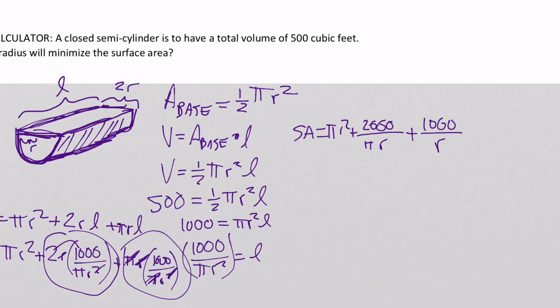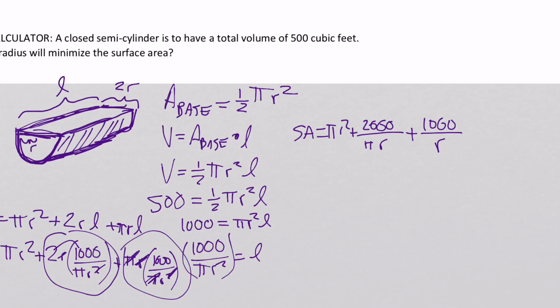Go to y equals and hit pi x squared plus 2,000 divided by parentheses pi x, close parentheses. If you don't have parentheses, you're going to get the wrong answer, plus 1,000 divided by x.